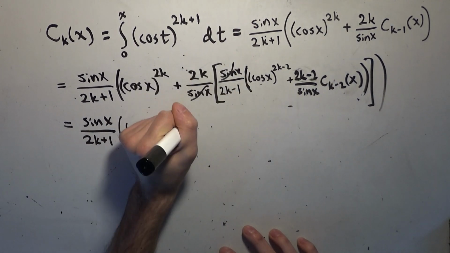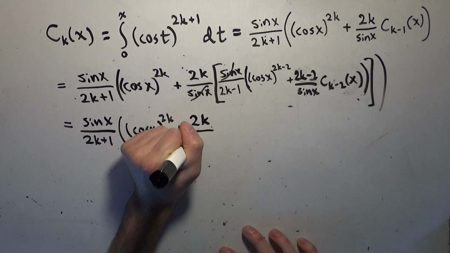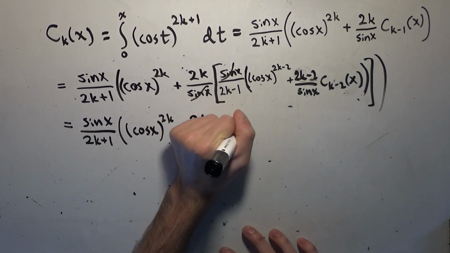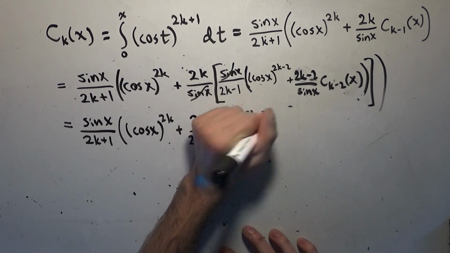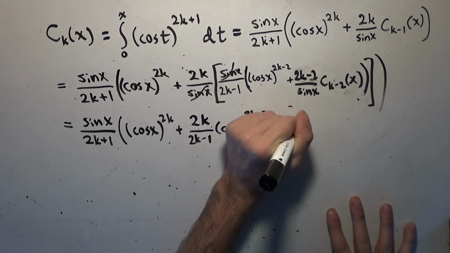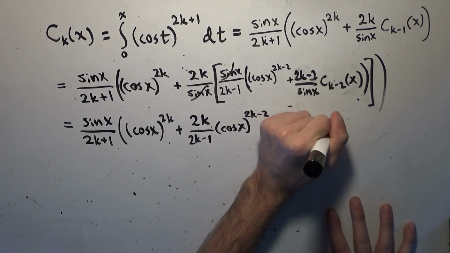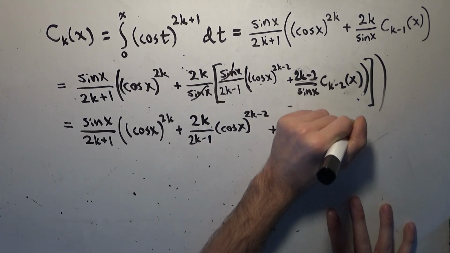And now we have 2k divided by 2k minus 1 times the cosine of x to the power of 2k minus 2 plus 2k minus 2 over sine of x times c_{k-2} of x.